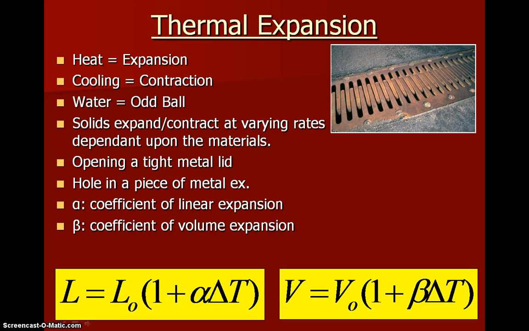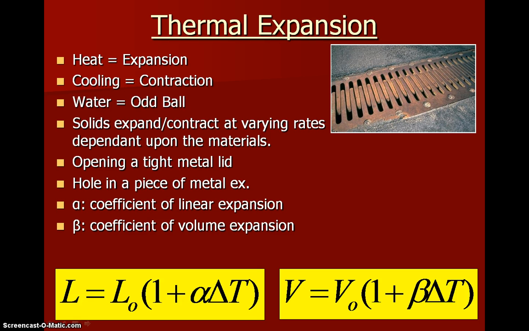The final linear length of something is equal to whatever it initially started at, times one plus this coefficient of linear expansion times the change in temperature. This is a value for a given material. We just have to know what type of material it is, or be given this coefficient, multiply it by the difference in temperature, and add it to 1, and that's what we increase our initial length by to get our final length.